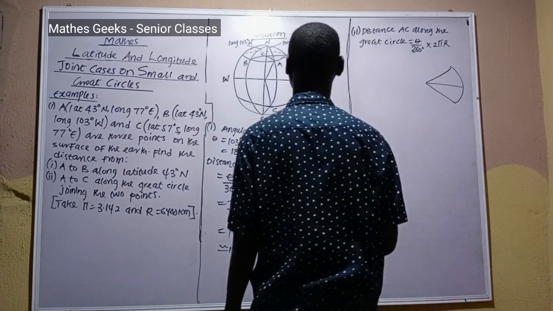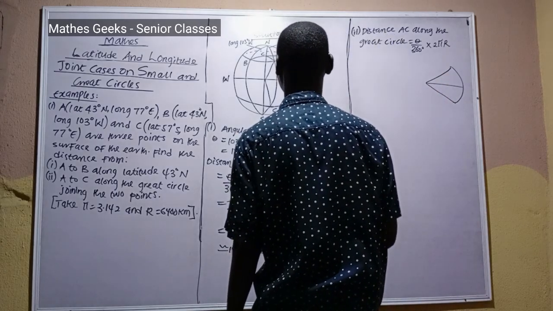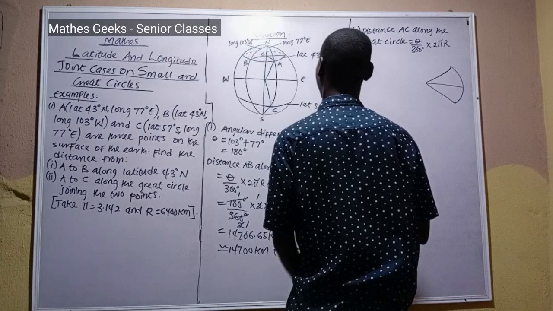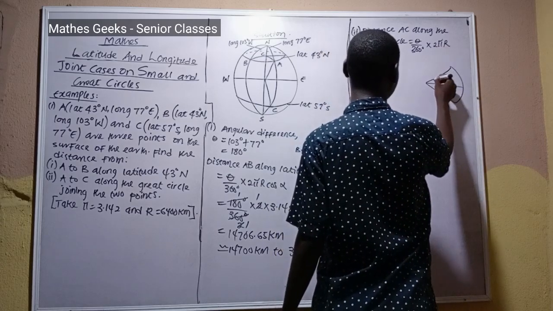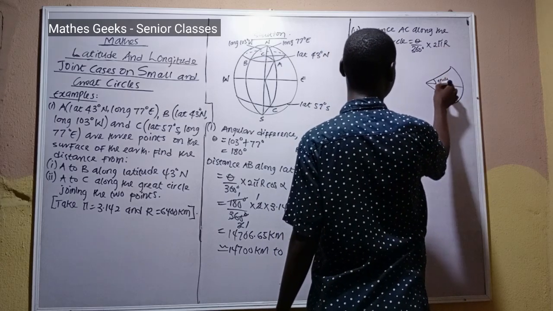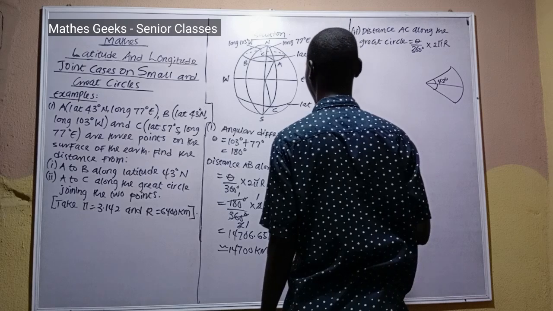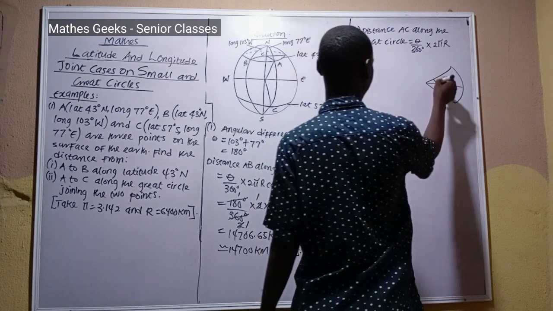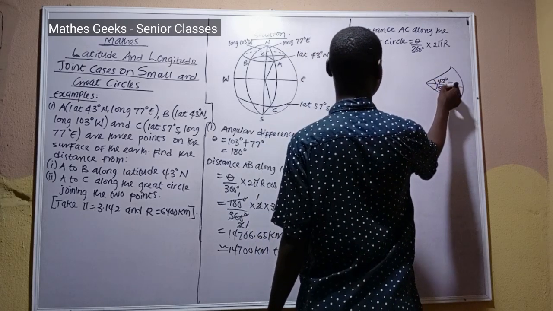Latitude A is 43 degrees north, and latitude C is 57 degrees south.